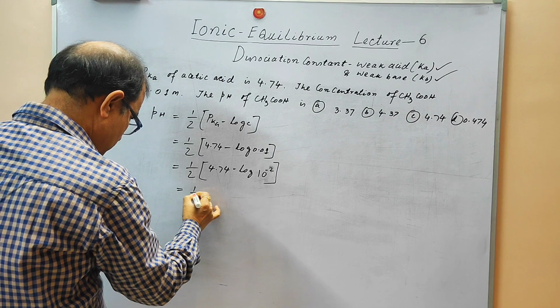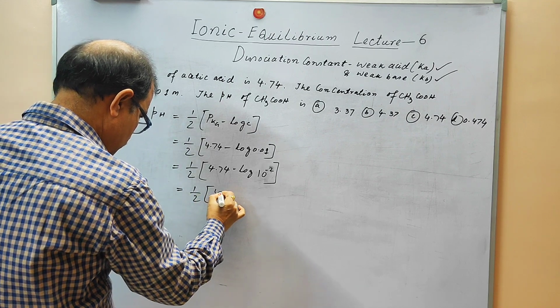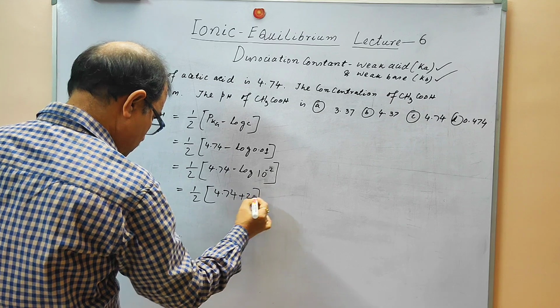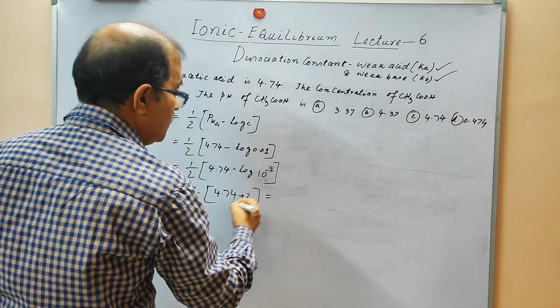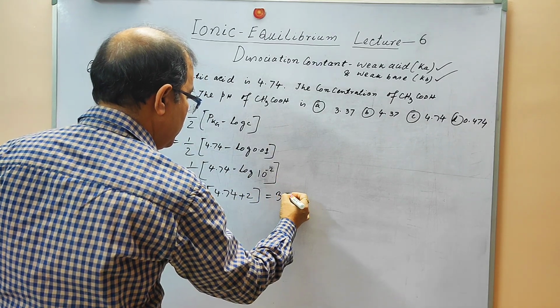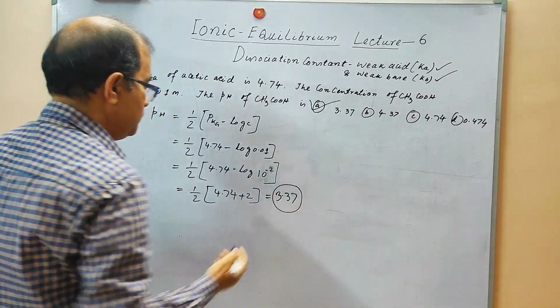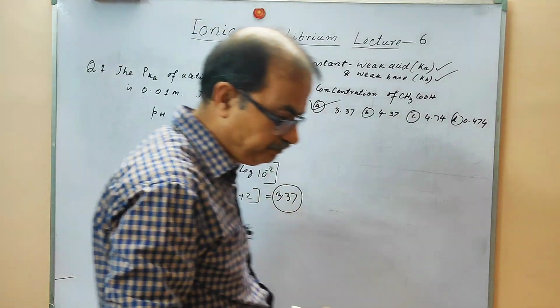So it will be coming around half of 4.74 plus 2, and so it will be coming around 3.37. So this will be the right answer. Okay.